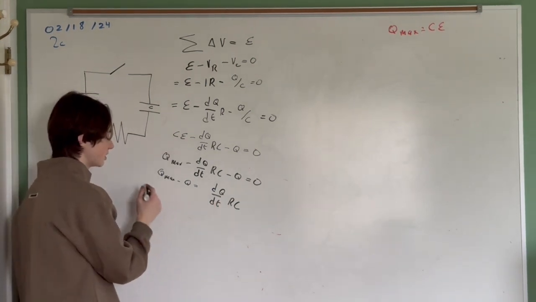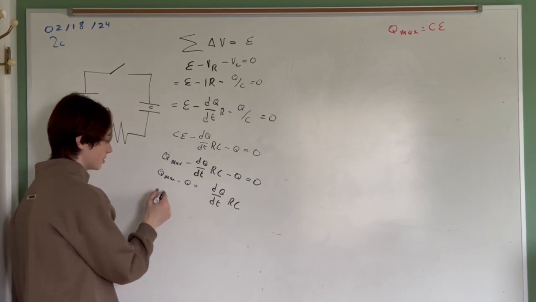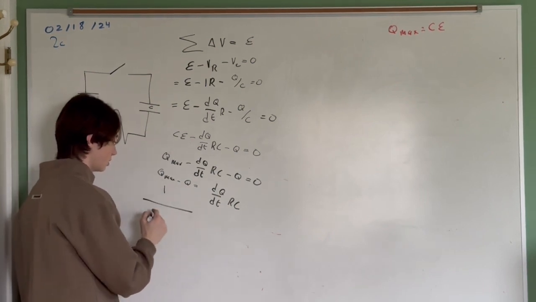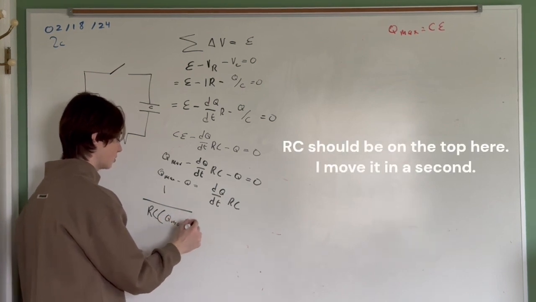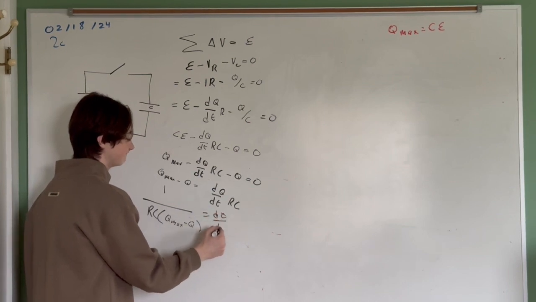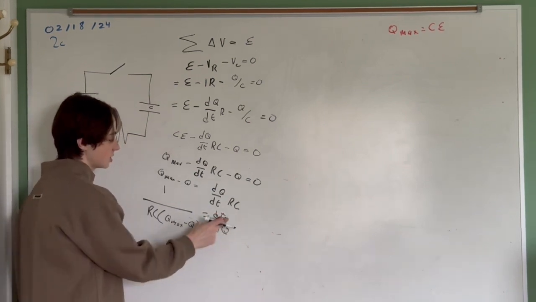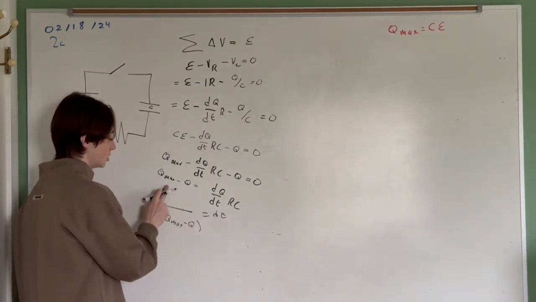Then we can multiply RC on both sides and then flip both sides. So we're going to have 1 over RC times Q max minus Q equal to dq/dt. So we flip those sides, and we move dq over here.